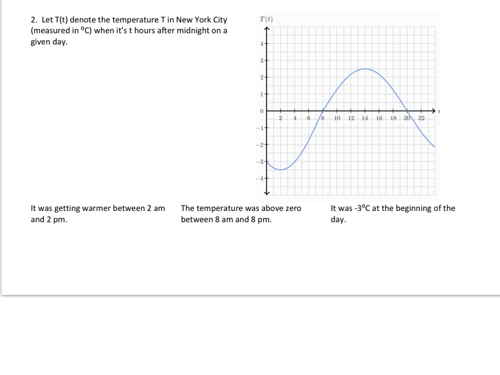So the second question is talking about temperature, which is in degrees Celsius, and that's on the y-axis, and hours after midnight. So these are hours on the x-axis. It says it was getting warmer between 2 a.m. and 2 p.m. So 2 a.m. would be right here, and 2 p.m. is 14 hours after midnight.